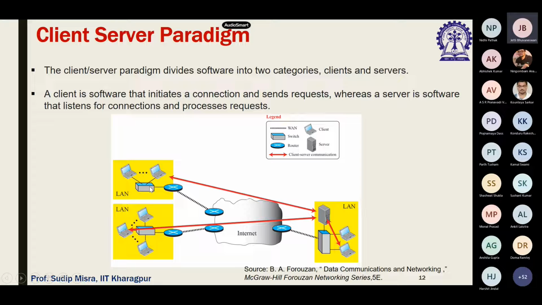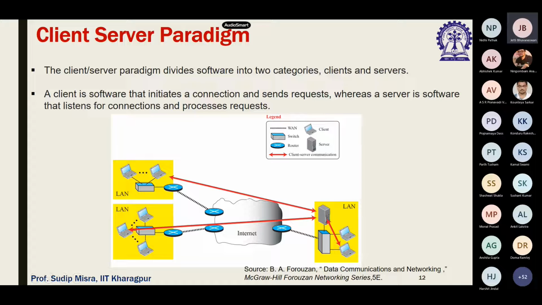However, if the destination node is not within this particular LAN, this is where the router can help. The router can send the information to the next hop router, that router to another router, and so on. The process continues until the data goes to the server.